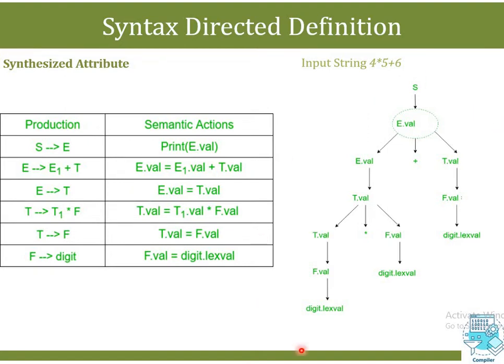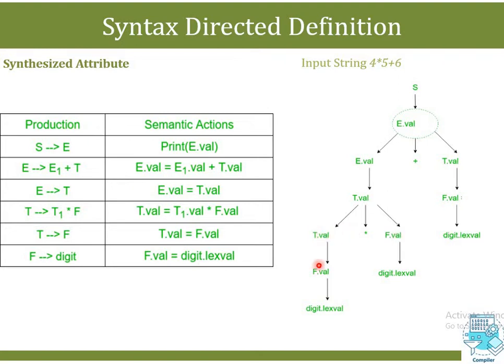So how have we considered the parse tree? Initially from the starting symbol, we have expanded to E, then E is expanded to E plus T by referring to this production. Then again this E is expanded to T, that is what happened here. Then T is expanded to T star F.